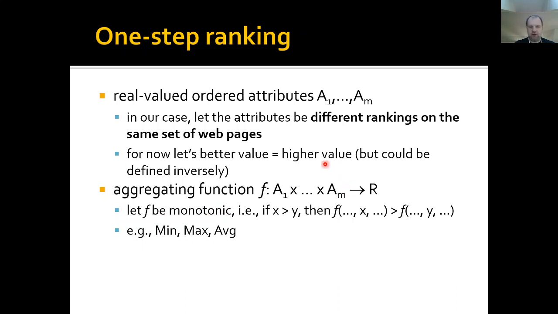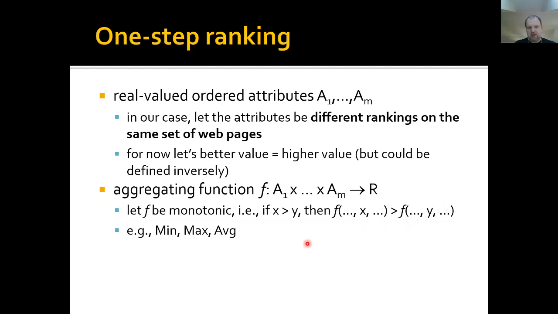So monotonic in this multidimensional context means if I have one value of the partial score and then another value from a partial score, where one is greater than the other, then when the aggregating function only replaces x for y, this change also reflects that the first one is greater than the second one. So this is the monotonicity based on just individual components of the function.